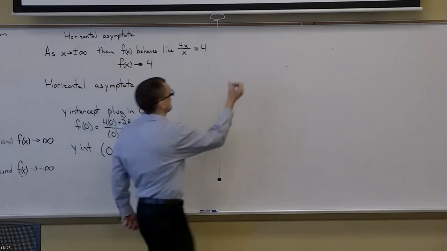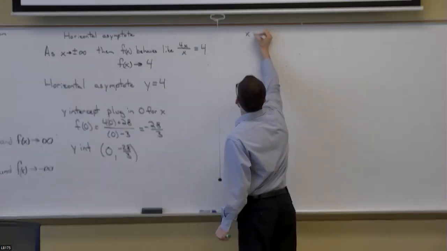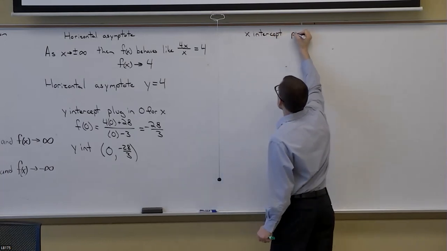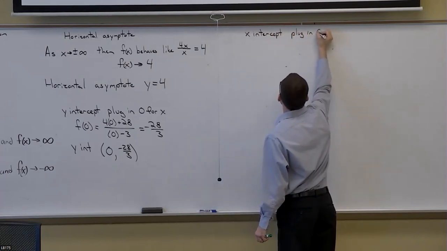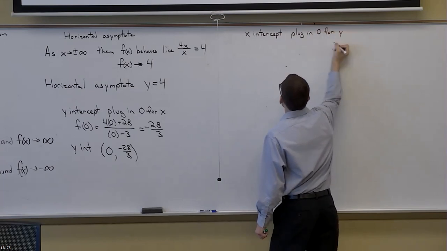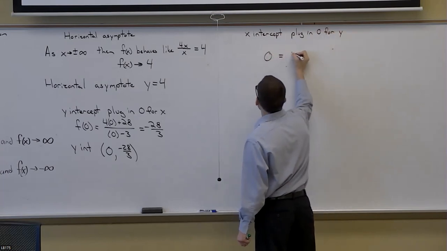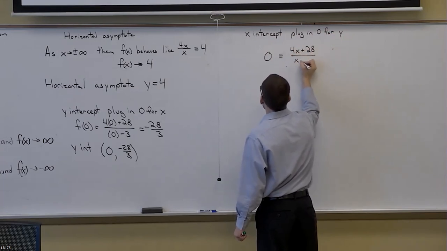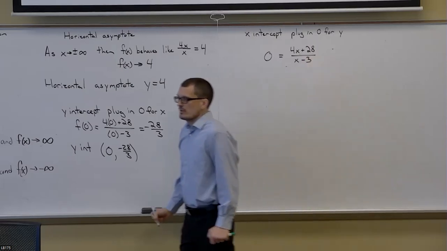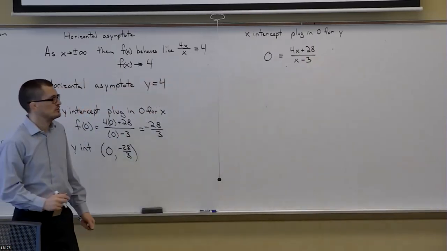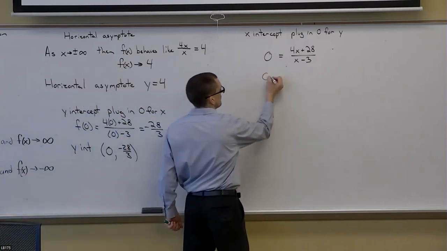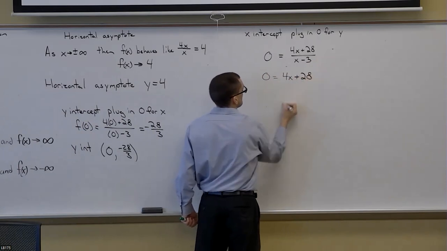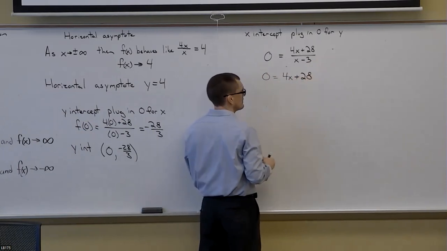All right, let's go x-intercept. Plug in 0 for y. A fraction can only be 0 if its numerator is 0. So set the numerator equal to 0, and then solve.